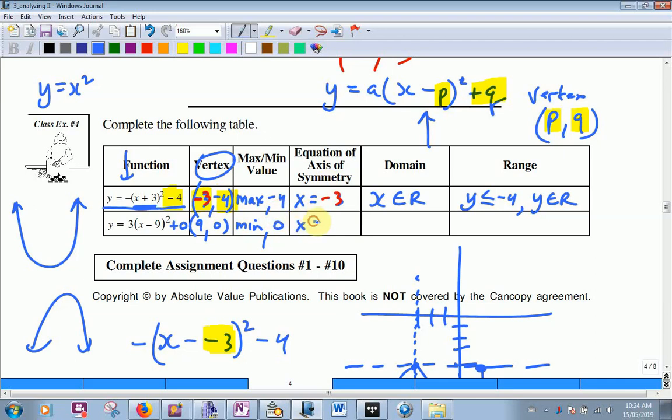Axis of symmetry. Look at the x-coordinate of the vertex. x is 9. This is the easiest one. What's the domain? x is all real. What's the range?